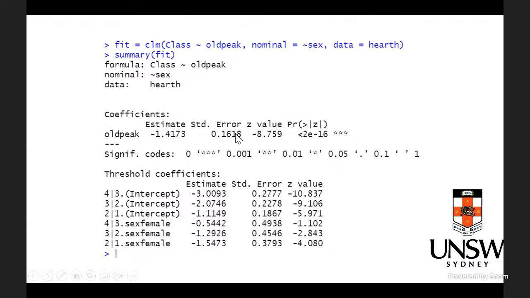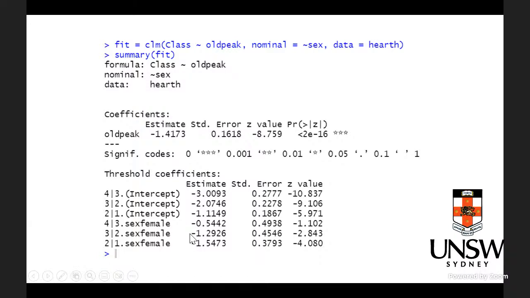You just get one coefficient for old peak. It's very similar to what you had before, minus 1.41. It's out in the second decimal place. And sex is no longer in your coefficient estimate. Instead, you get these 3 sex coefficients, 1 at each level.